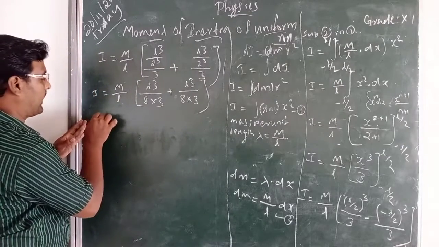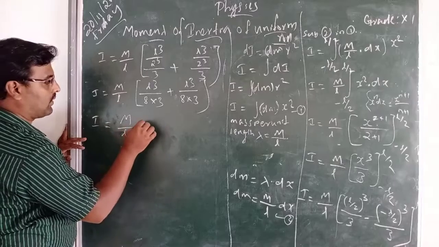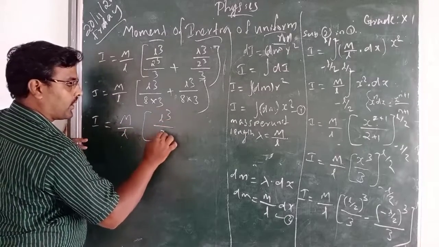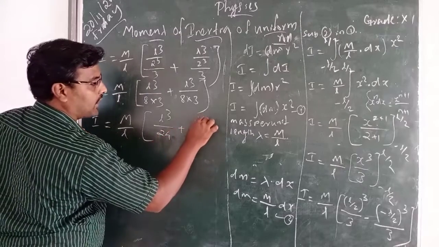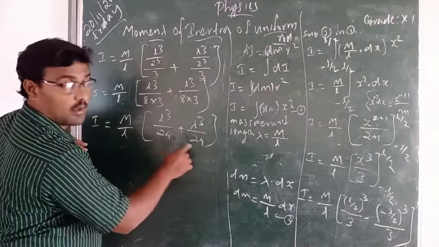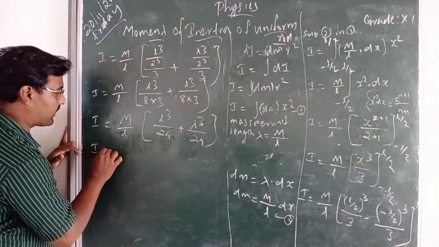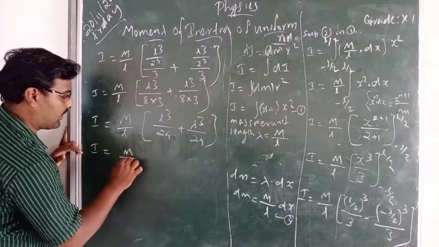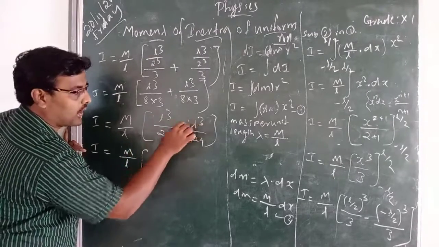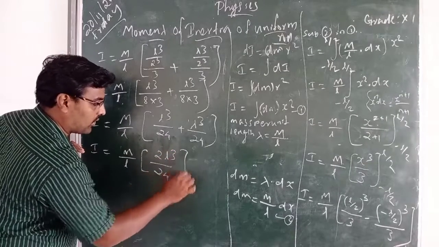So I equals m by L, L cube by 24 plus L cube by 24. Now you see the denominator part is the same. So I equals m by L, L cube plus L cube. 1 L cube plus 1 L cube is 2 L cube by 24.